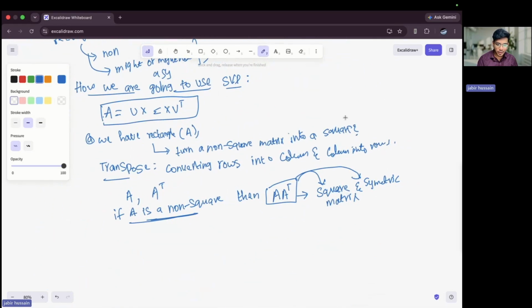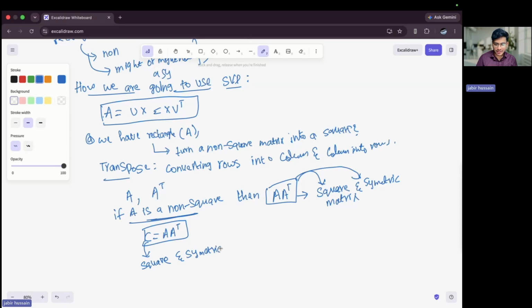So even though A is a non-square matrix, let's say C is equal to A cross A transpose. This matrix is very special because it is square in nature and it is symmetric as well.